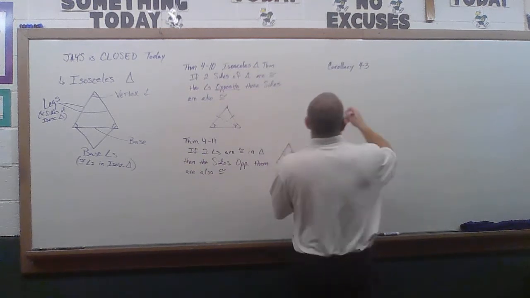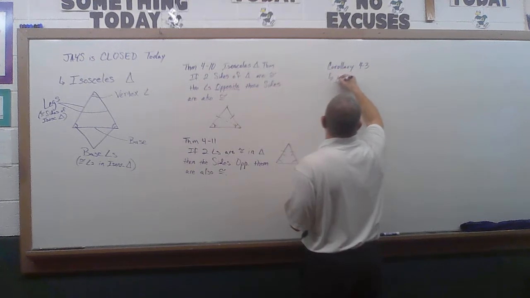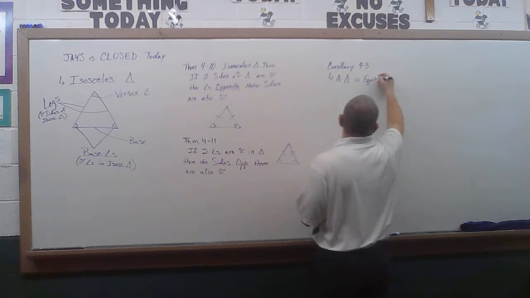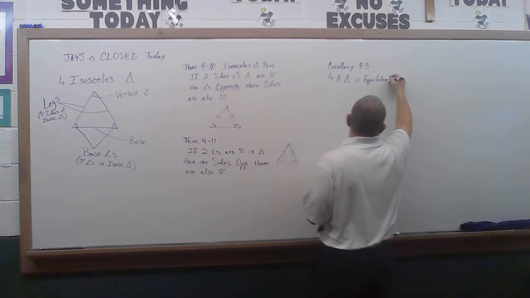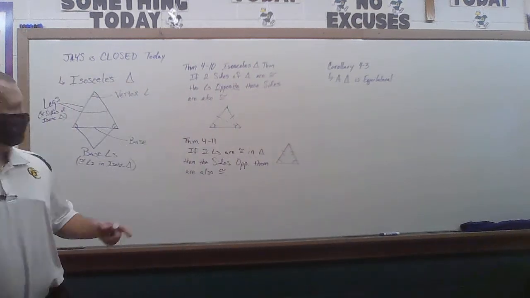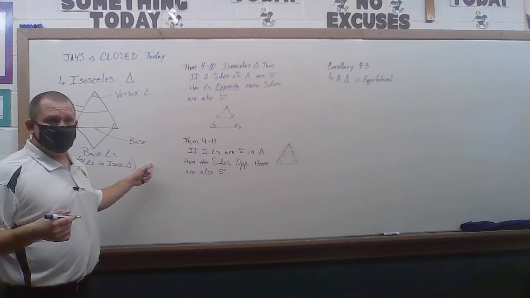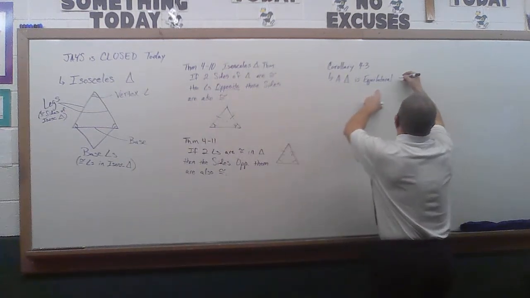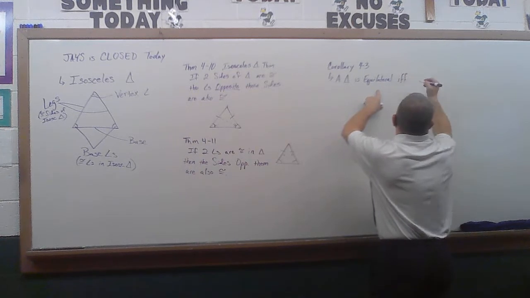And now we talk about a triangle is equilateral. What does it mean if it's an equilateral triangle compared to an isosceles triangle? All the sides, right? So a triangle is equilateral, remember what IFF meant?